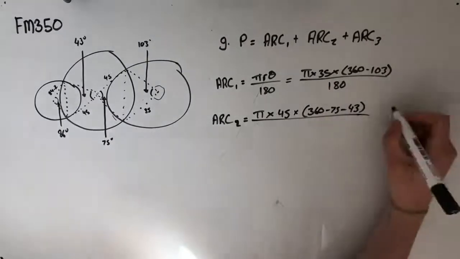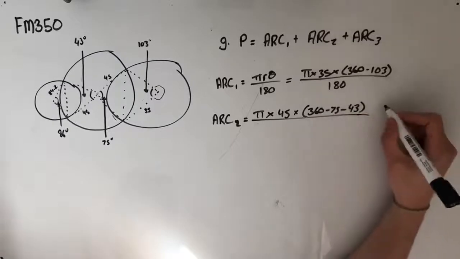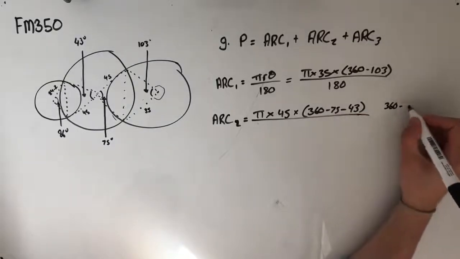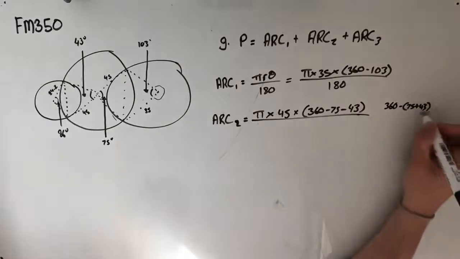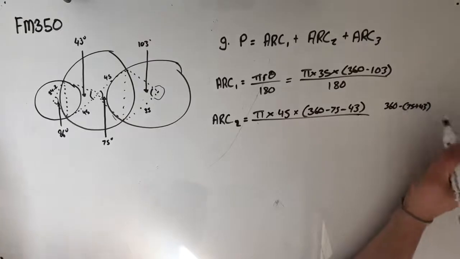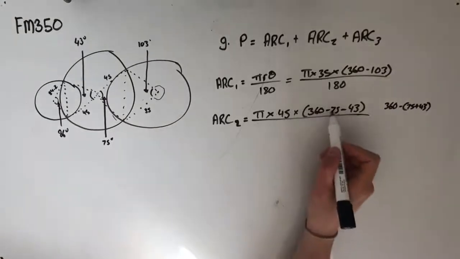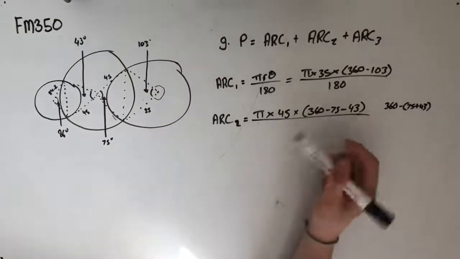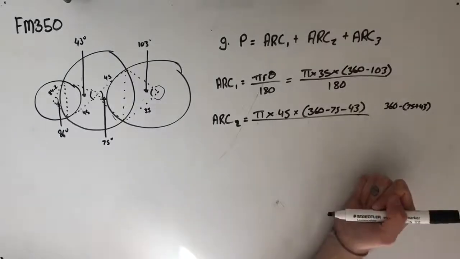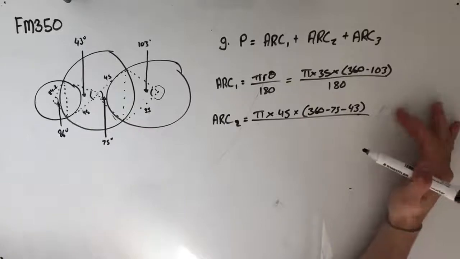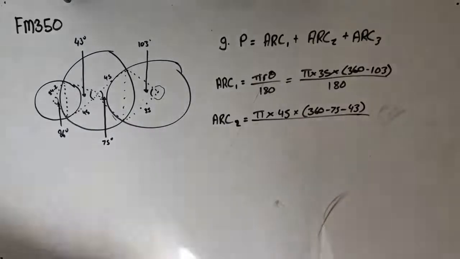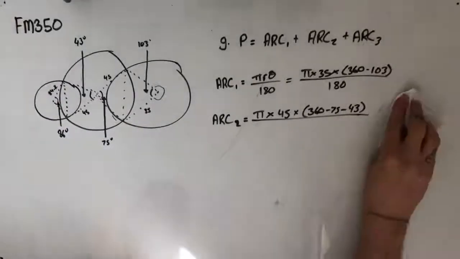Now, you could also write it as 360 minus 75 plus 43, if those 75 and 43 are in brackets, because of course it will combine these numbers first, then subtract them. Here, this is going to take 360 minus 75, and take that answer and minus 43 from that answer. So as long as you understand what's going on there, if you have any questions, drop them in the comments below as always, but otherwise, hopefully that makes sense.